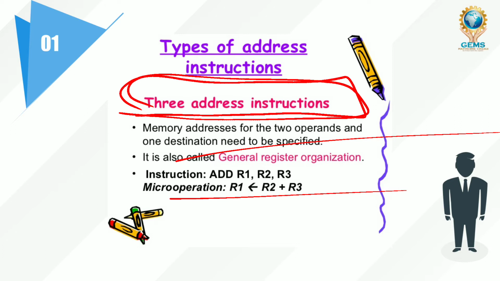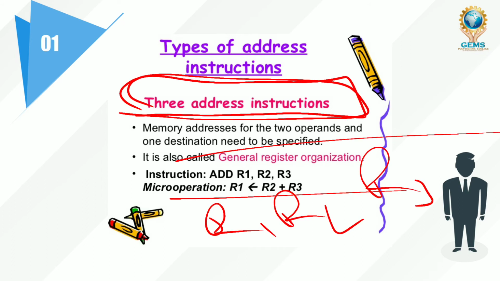For example, R1, R2 and R3. There is data in R1 and also data in R2, that is the operand. R1 operand is there, R2 operand is there. I want to take both of them and send the result to R3.